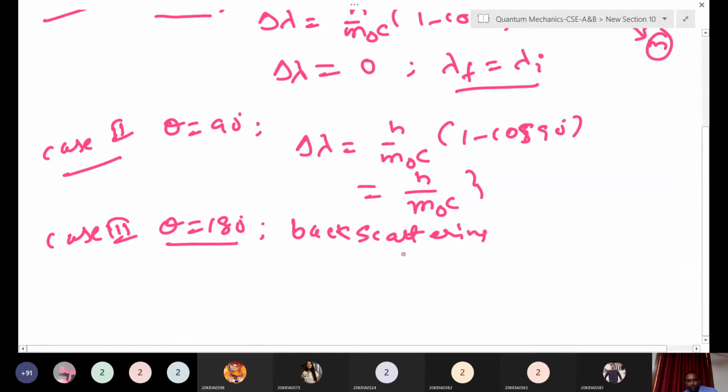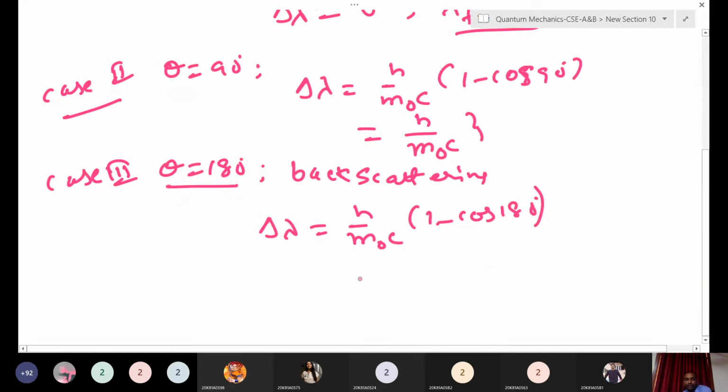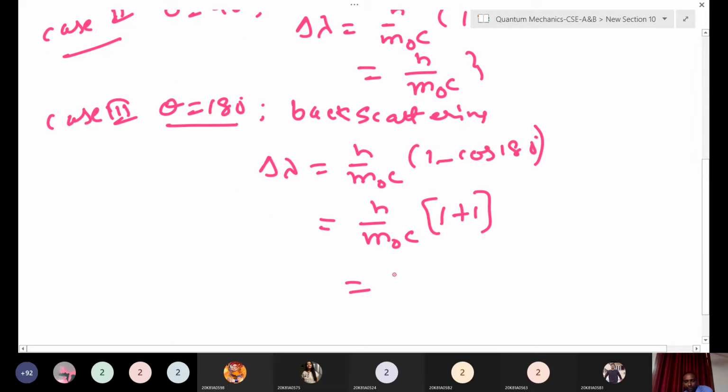So here delta lambda is equal to h by m naught c into (1 minus cos 180). What is the value of cos 180? It is minus 1. So 1 minus of minus 1 is 1 plus 1, and we get the value 2h by m naught c.